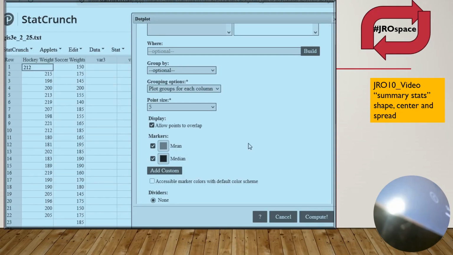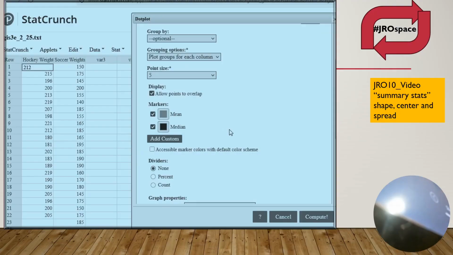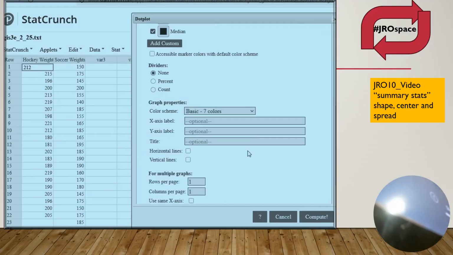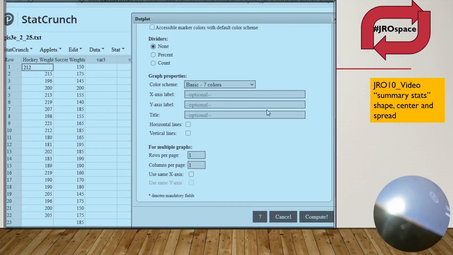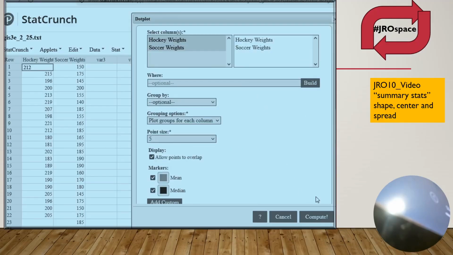It is not going to get pulled in the direction of the skew like the mean is. All right, let's just leave that unchecked for now. We can label some stuff, but let's just see what's going to get generated at this point.